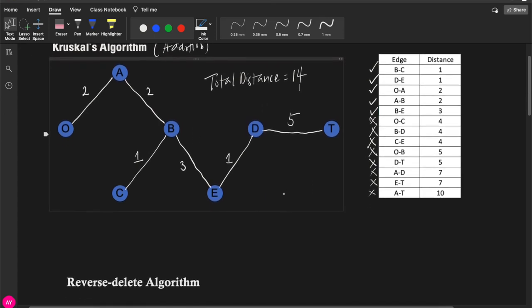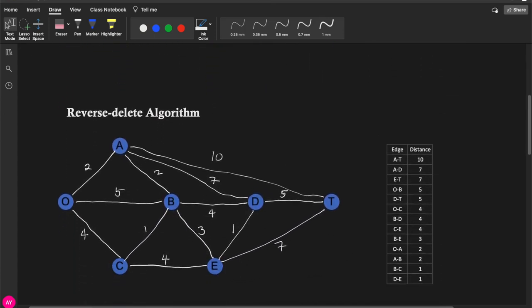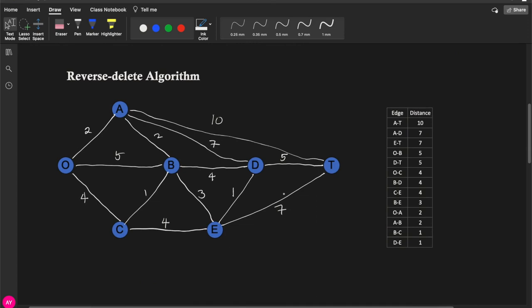Now, to apply the reverse delete algorithm in the same example, what we have here is the graph G of our example.